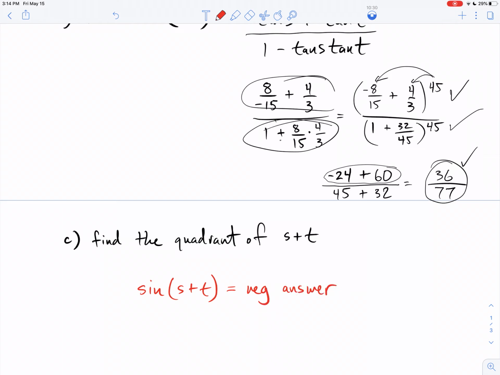When I did the tangent of S plus T, my answer was a positive answer. What quadrant would have sine be negative and tangent be positive?